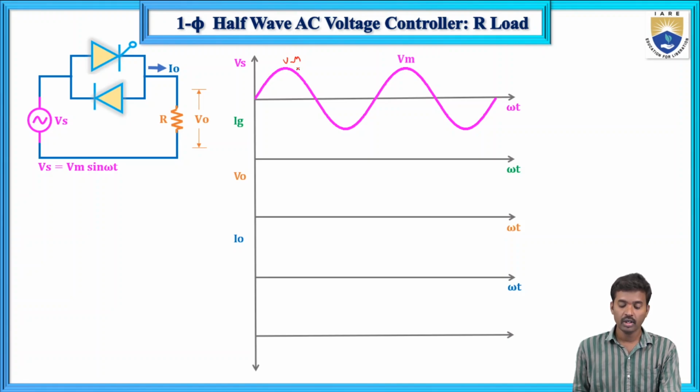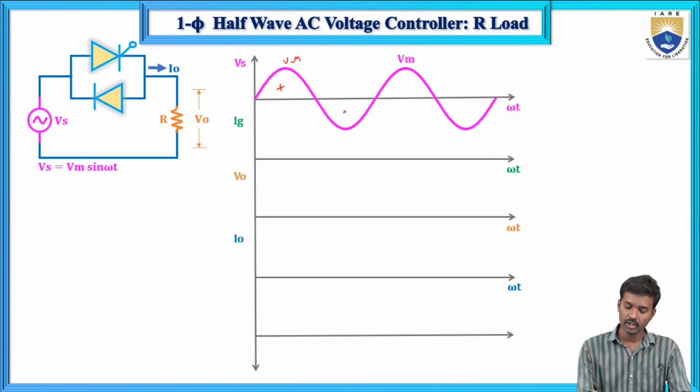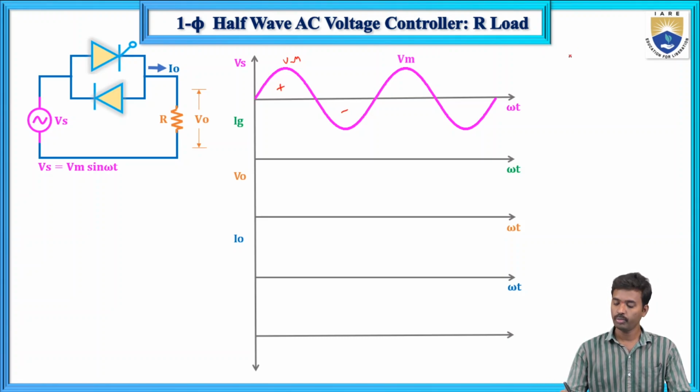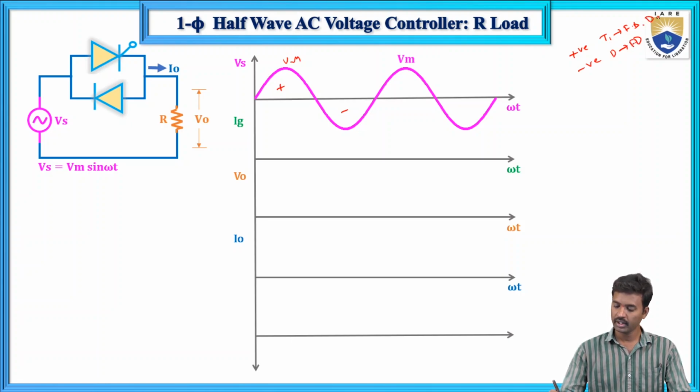Now what are the operations here? During the positive half cycle, SCR T1 is forward biased. During the negative half cycle, the diode is forward biased and the thyristor is in reverse blocking mode. That I will explain first.